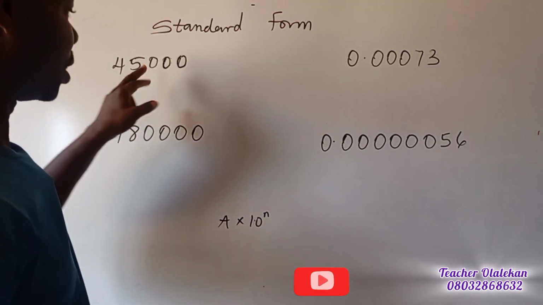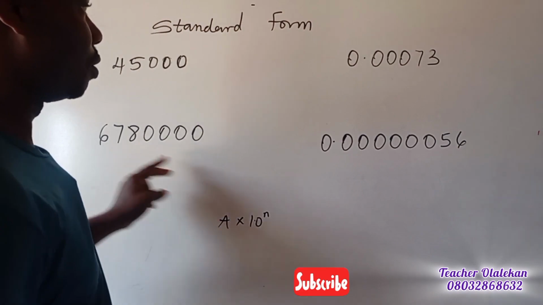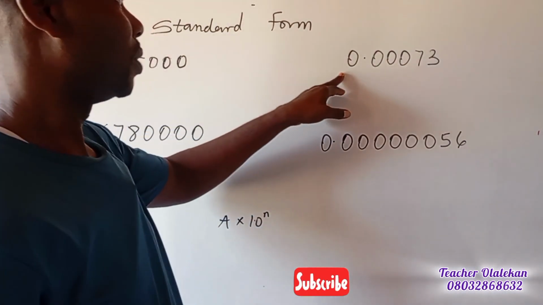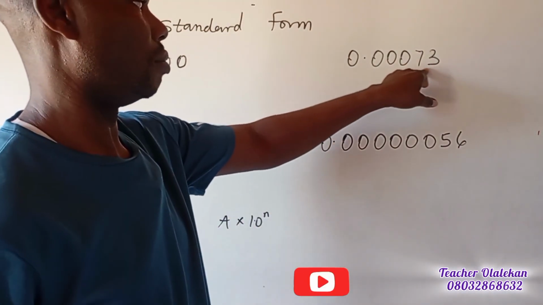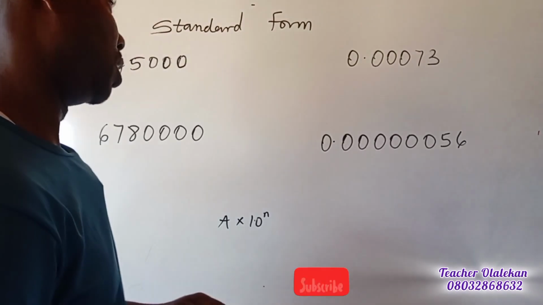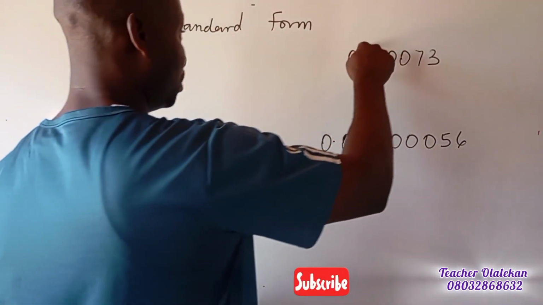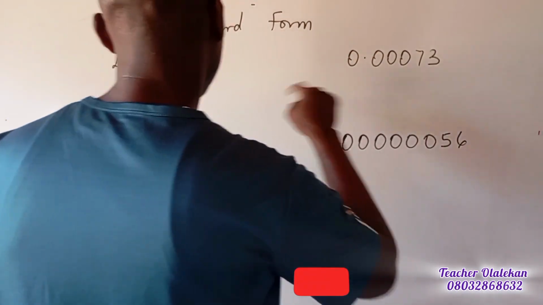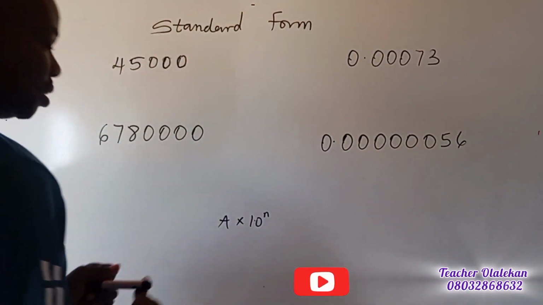So that means this is expected to give us positive. But when it is to the left of the figures like this, that means it's going to be negative. Or you say that when your point moves to the right, it will be negative. When your point moves to the left, it will be positive.